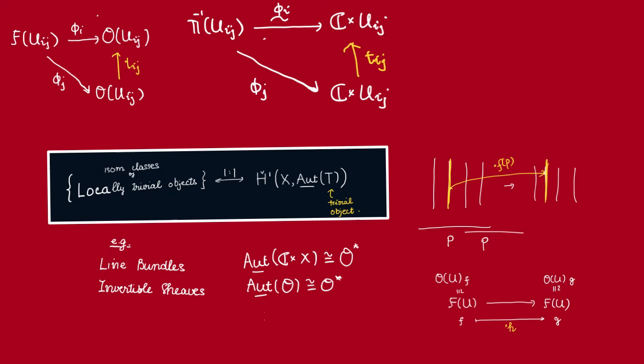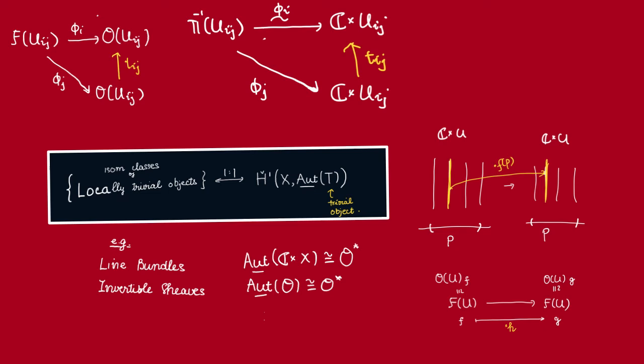Now let's see why the automorphism sheaf for line bundles is O star. So what is a section of the automorphism sheaf of a trivial line bundle? On an open set U, that would be an automorphism of C times U to C times U. And what does that look like? It should send each fiber to each fiber, so it should be an automorphism on each fiber.